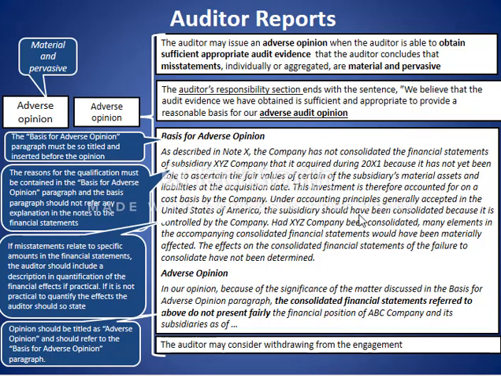The sub should have been consolidated. It is controlled by the company. Had XYZ Company been consolidated, many elements in the accompanying consolidated financial statements would have been materially affected. The effects on the consolidated financial statements of the failure to consolidate have not been determined because the auditor could not determine what those effects were.